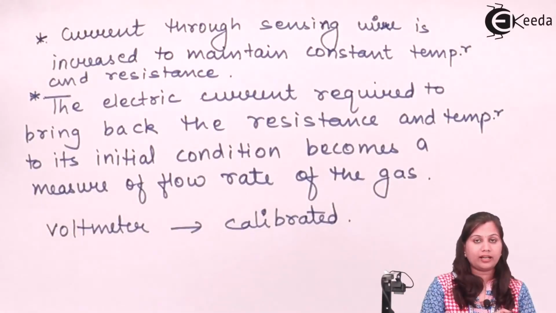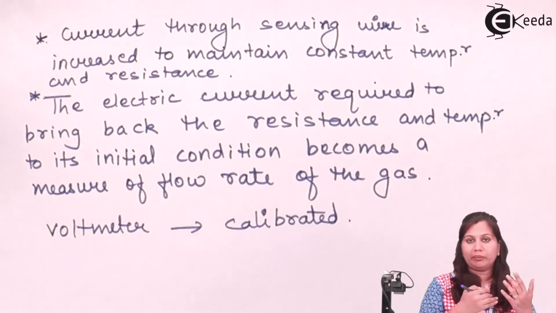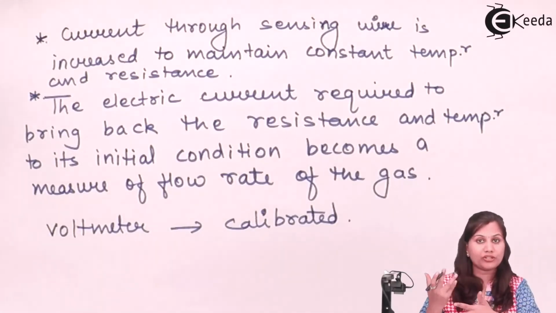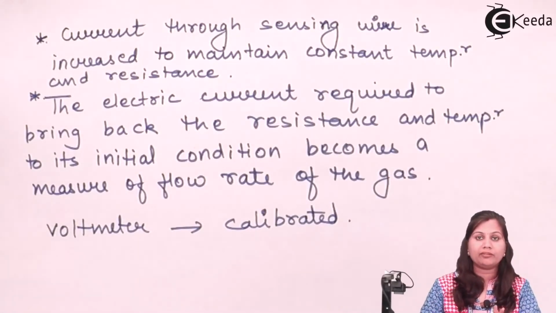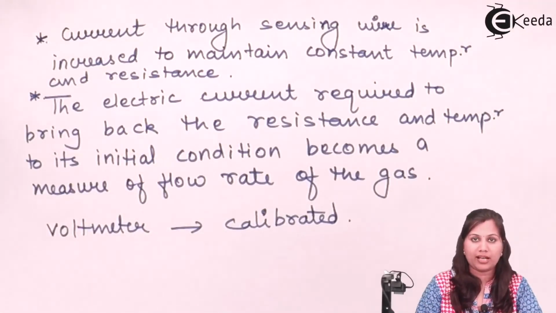Earlier, in the constant current method, because due to the temperature and resistance changes the current was changing, we were measuring the changes in the current. We were trying to keep the current constant in the first method, and in the second method we are trying to keep the temperature constant.